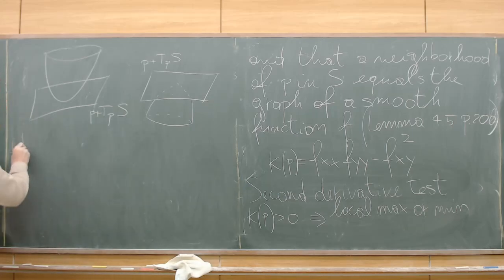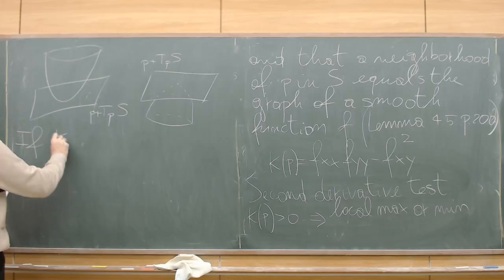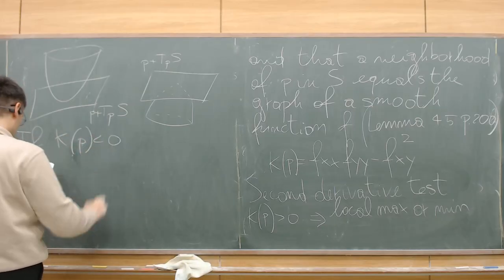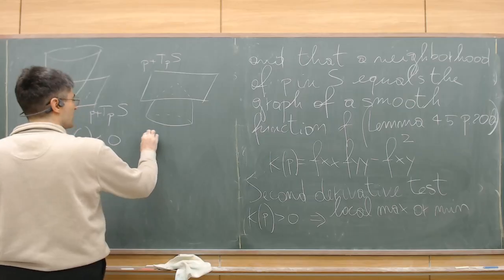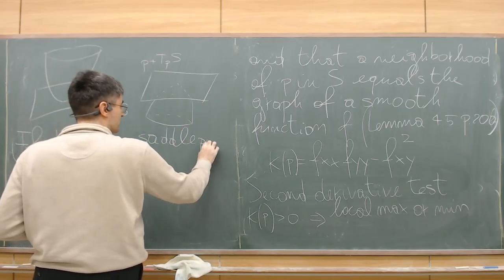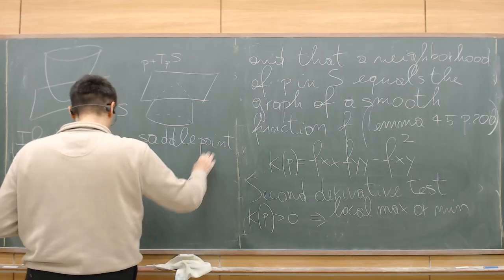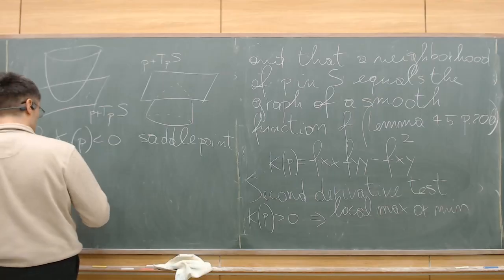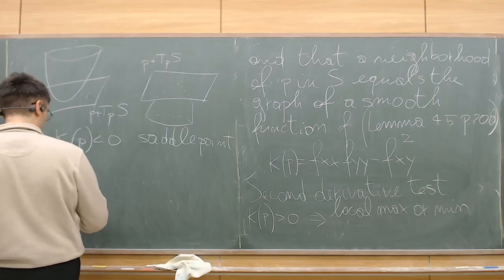Instead, if K at P is negative, then we have a saddle point, and this means that the surface looks like this.